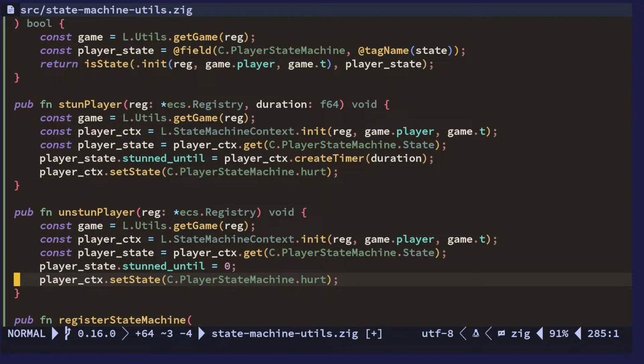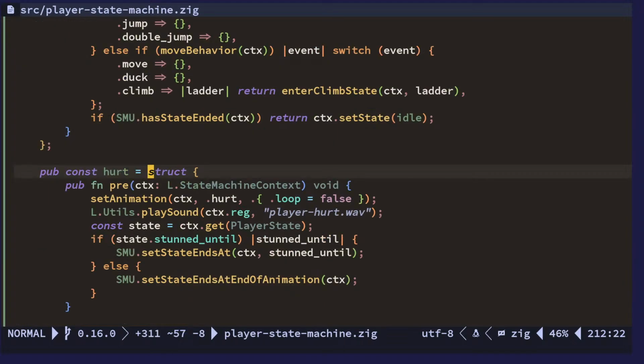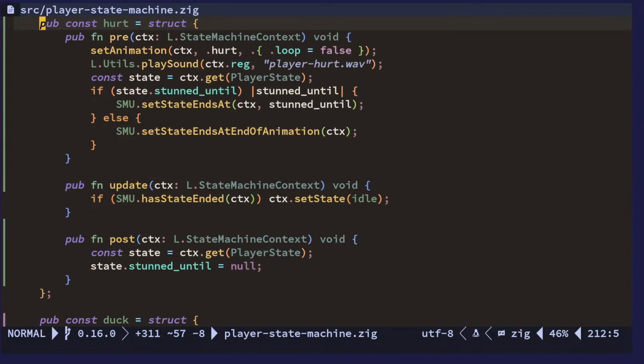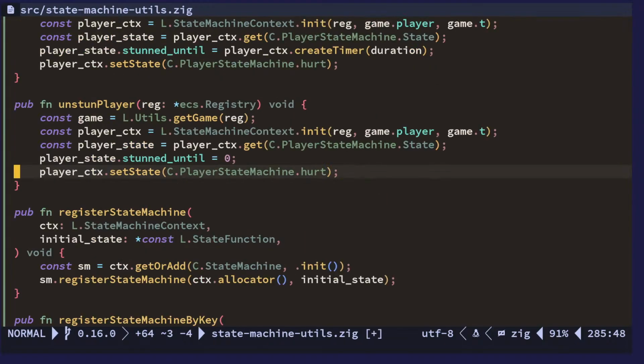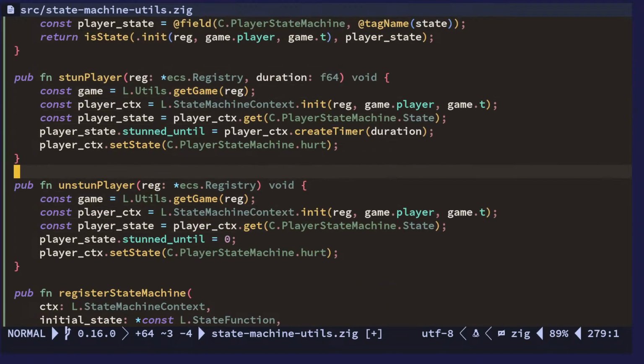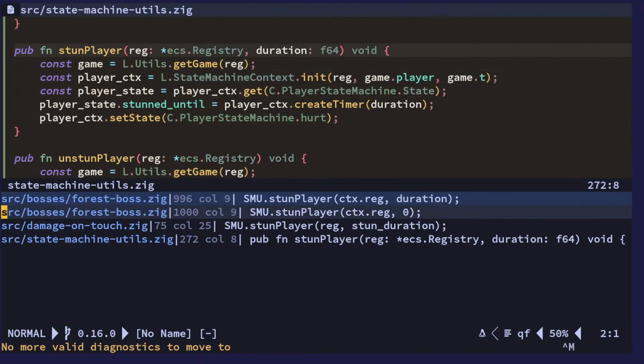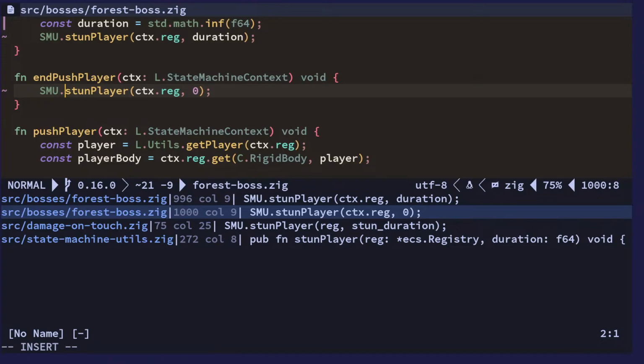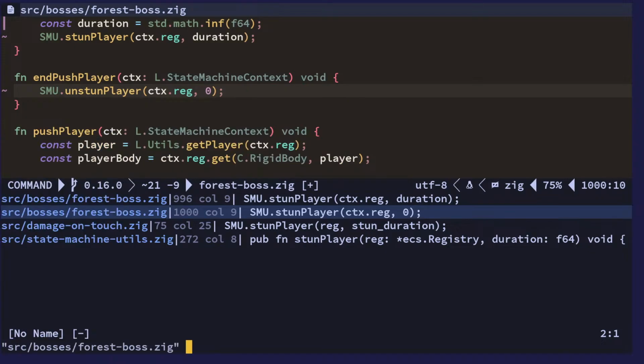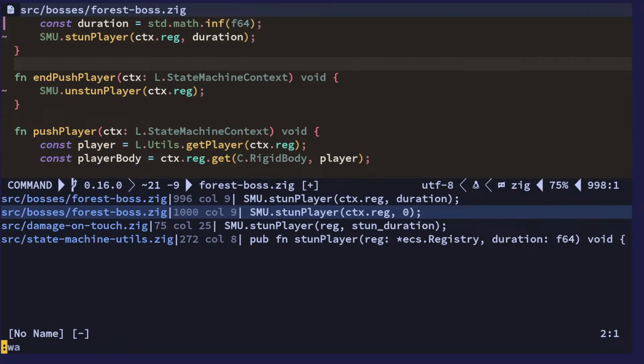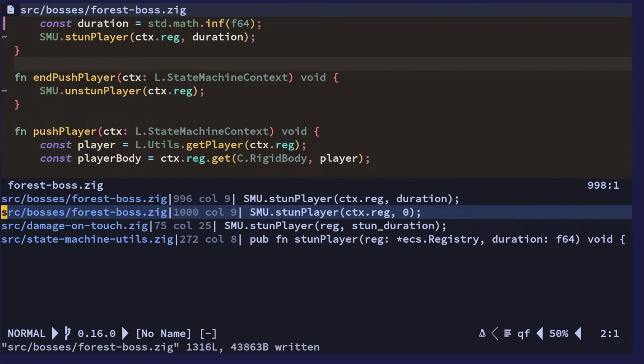I mean, actually, we could just set the thing back. Whatever. Let's just do that. That's fine. Because then instead of doing stun, we do unstun. All right.